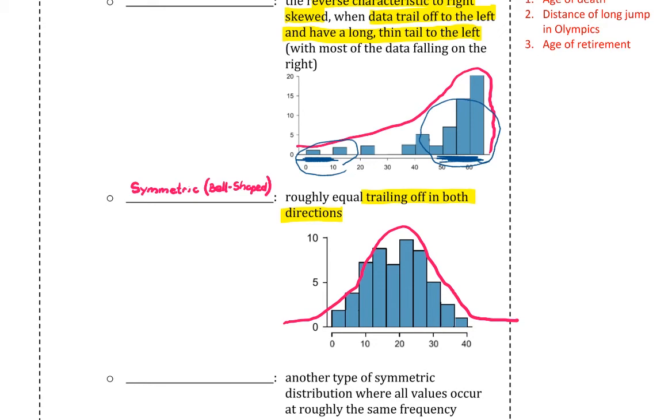Some examples of data that might show a symmetric or bell-shaped distribution might be the heights of people. A majority of people will have a height someplace in the middle. It'll be the more common height. And then there will be a less frequent number of people that are really tall and a less frequent number of people that are really short.